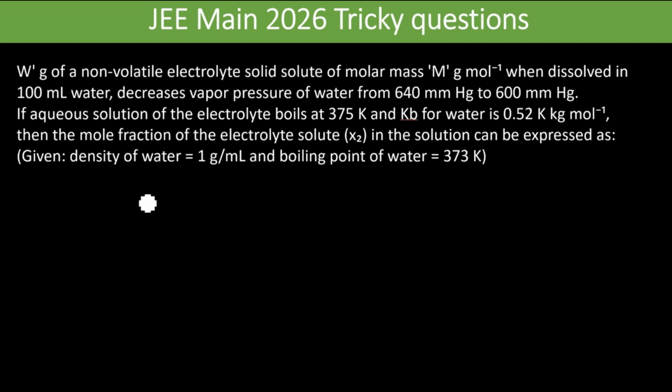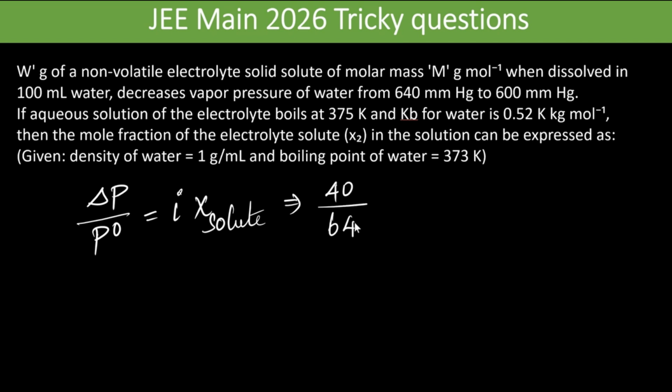Okay, so first of all, use Raoult's law, delta P by P naught, using the van't Hoff factor also, which is i chi of solute, right? So which will be 40 by 640, that is this difference by 640 of pure, which will be i into chi of solute.